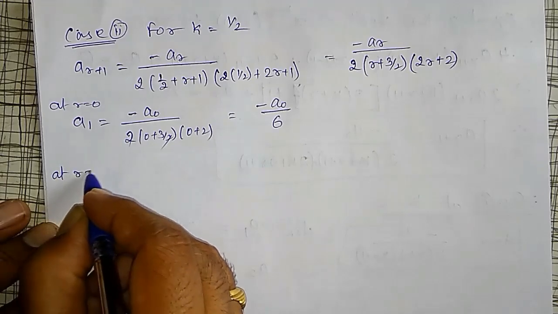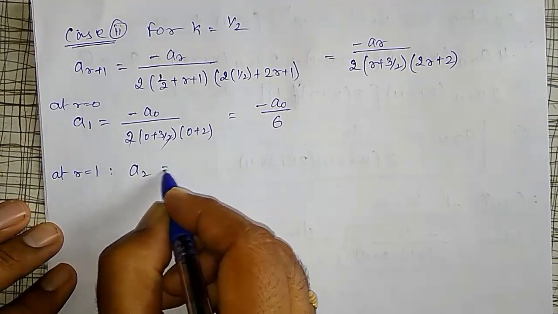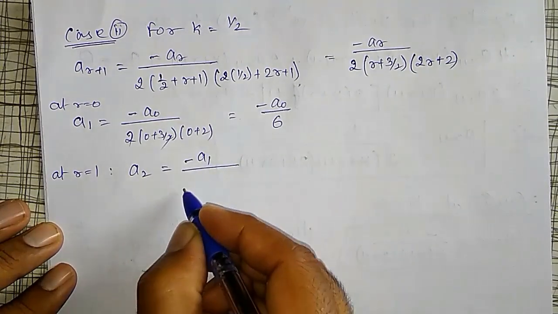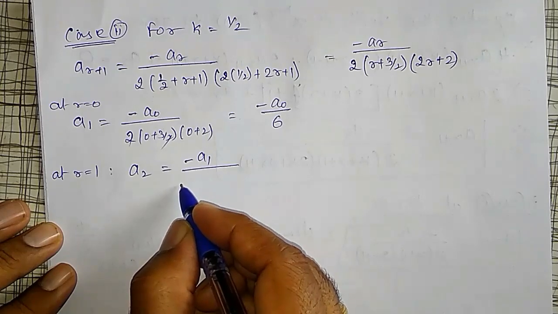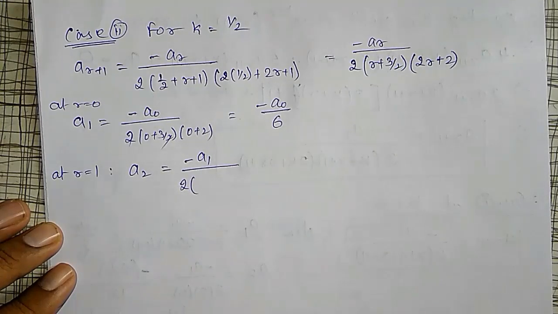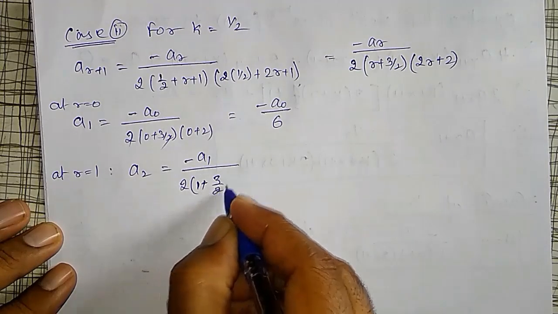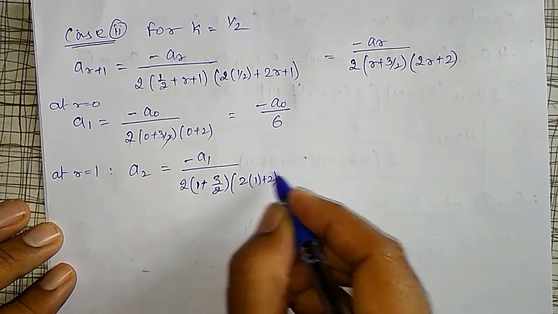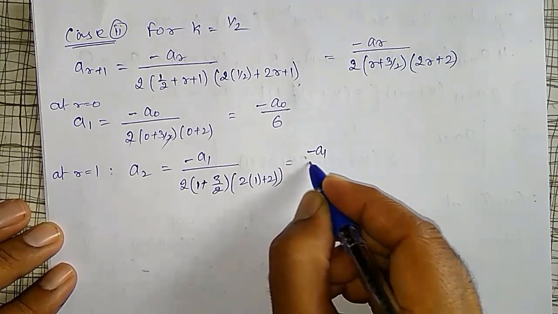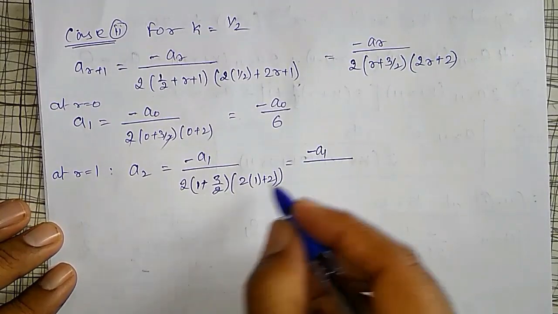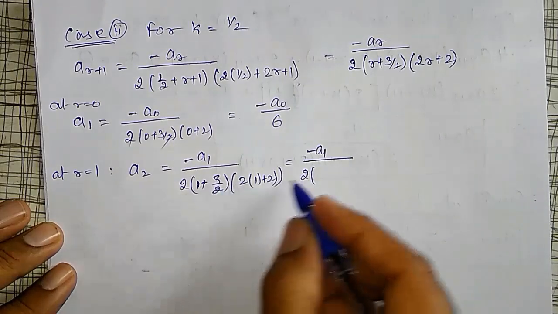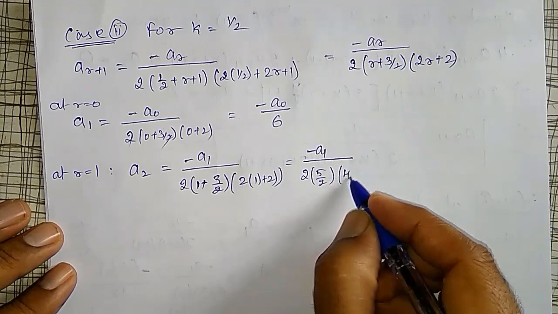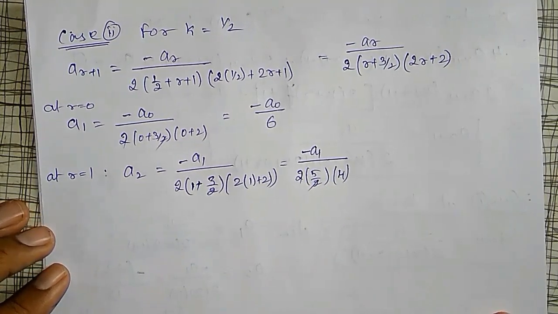Then at r equal to 1, a2 equal to minus a1 divided by 2 into 1 plus 3 by 2 into 2 into 1 plus 2, which will become minus a1 divided by 2 into 5 by 2 into 2 plus 4, 2 cancels, equal to 20.